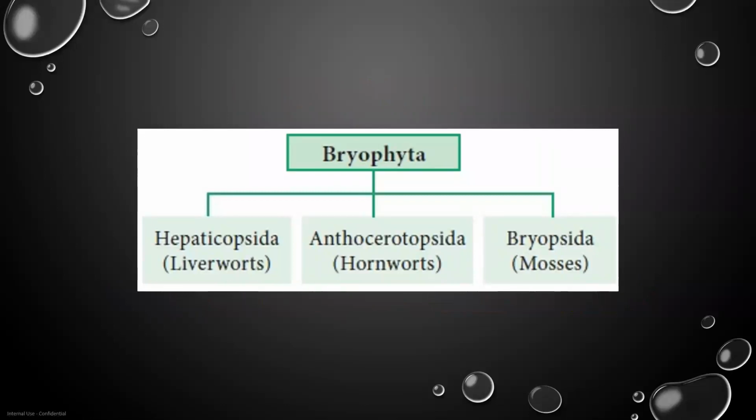Simper in 1879 for the first time gave Bryophyta the rank of division.